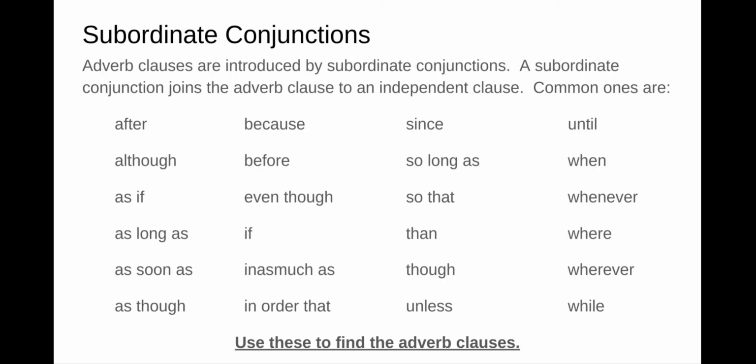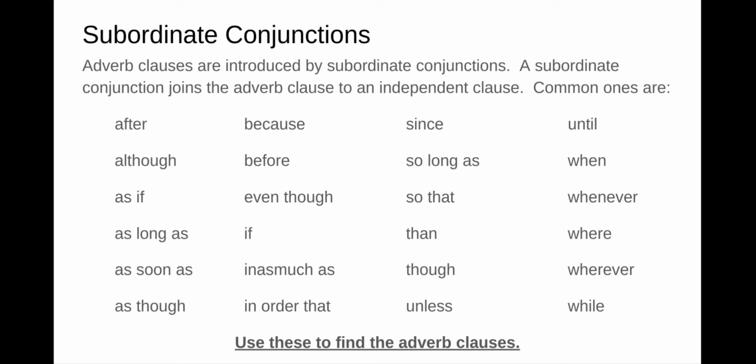Now, anytime you have an adverb clause, it's going to start with a subordinate conjunction. We talked about this briefly when we were talking about the adjective clauses, because every once in a while an adjective clause will use a subordinate conjunction, but adverb clauses always start with a subordinate conjunction. So this list gives you most of the common ones, definitely the ones that we are using in our lessons.